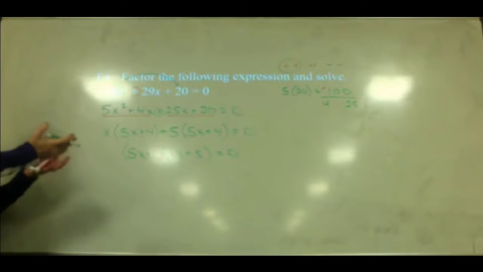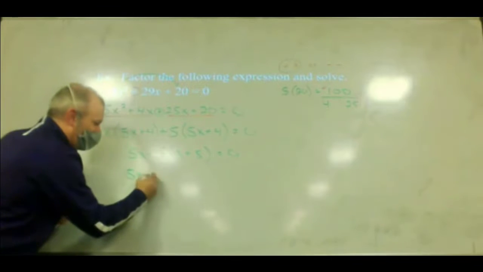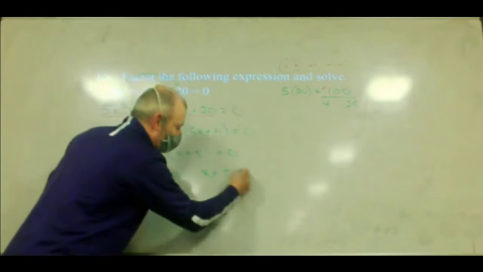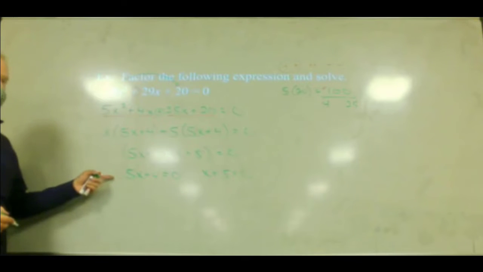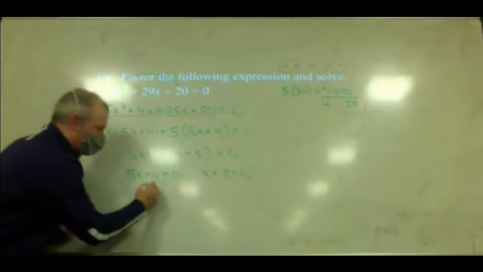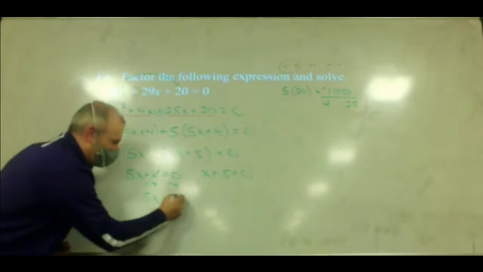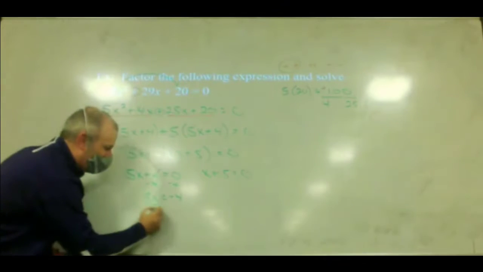Solve it. Each of these factors equaling 0 would give us a solution. So 5x plus 4 equals 0 is going to be one of them. And x plus 5 equals 0 is going to be the other one. What do we have to do here? Subtract 4 on both sides. So to cancel that. So 5x equals negative 4. And then what? Divide by 5.